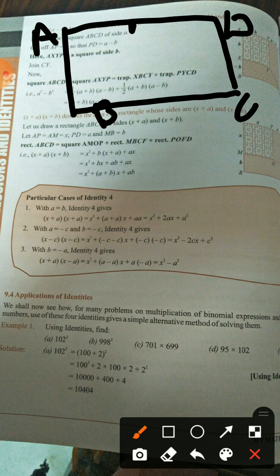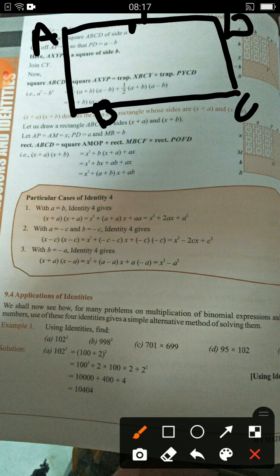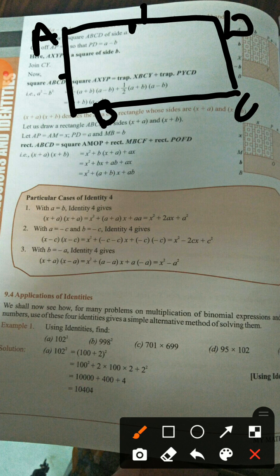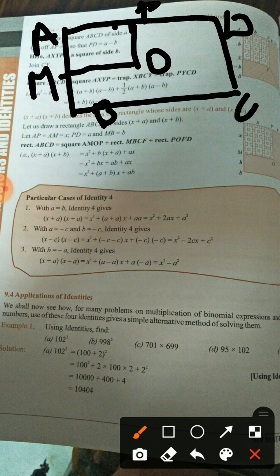Mark a point P and M. Now join it, make another point O such that it is a square, each side of length equal to x.